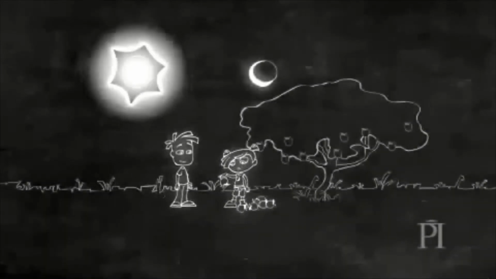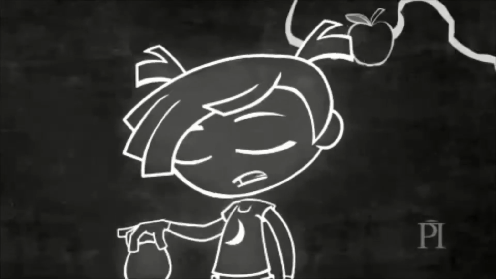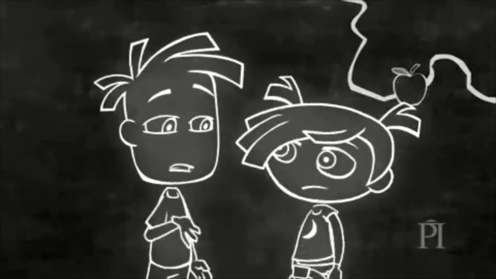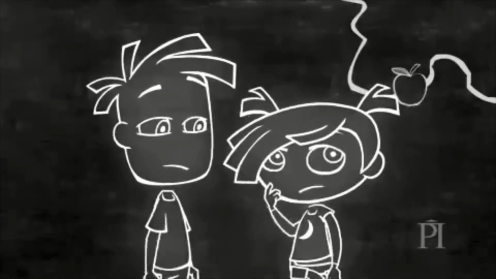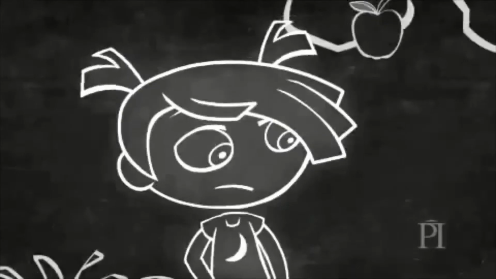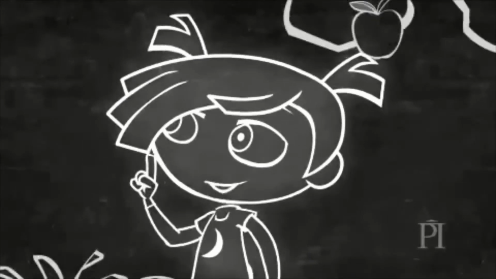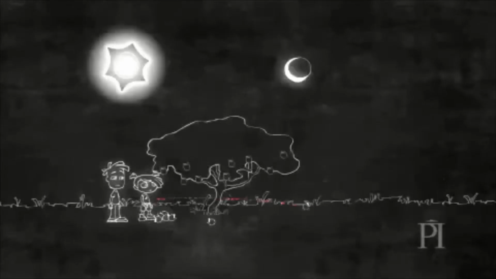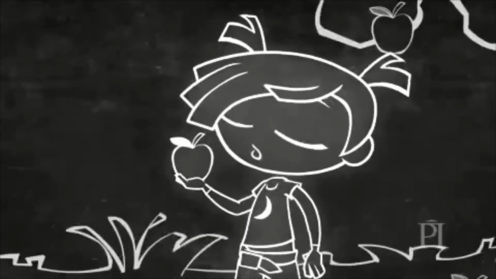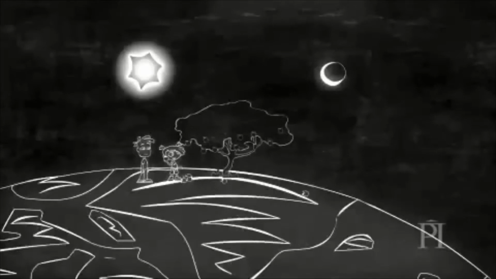Hey Bob, I've been wondering if the Earth pulls on the moon like it seems to pull on this apple. But then wouldn't the moon just fall down? How does it go around the Earth? I don't know. If I throw the apple sideways, it still falls down, but at least it goes partway around the Earth. And if I throw it faster, it goes farther. So if I throw it really fast, it goes really far around.